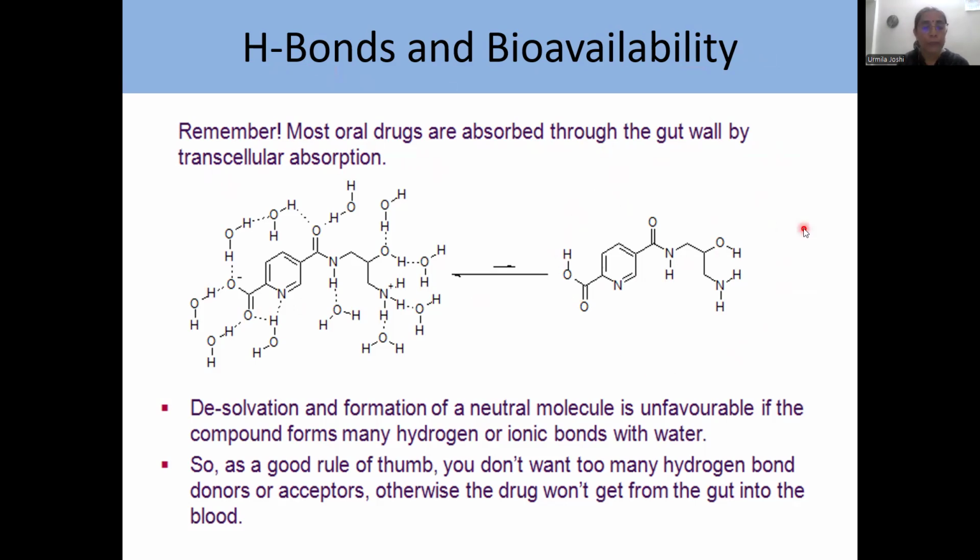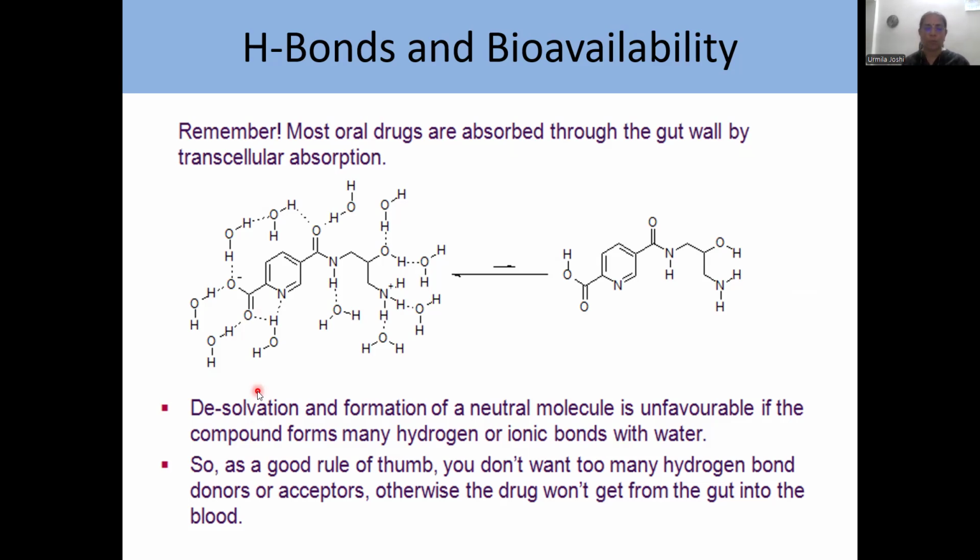For this, what is required is desolvation. Desolvation means separation of water molecules from the drug. When this desolvation occurs, energy is required, and if the solvation is to a greater extent, then desolvation requires much more energy.